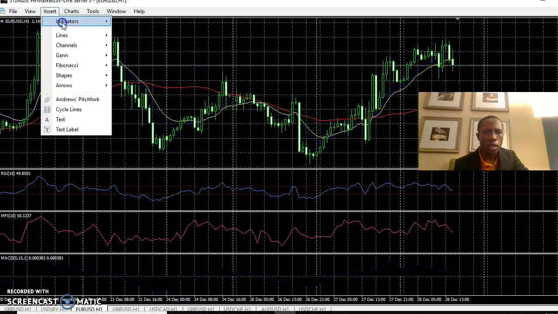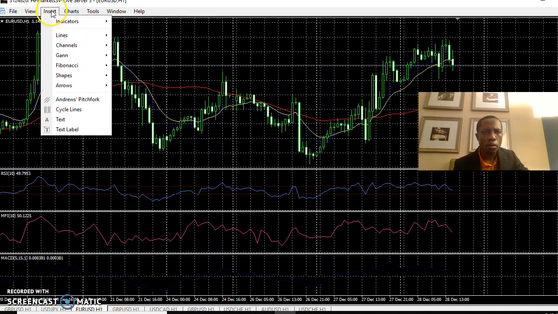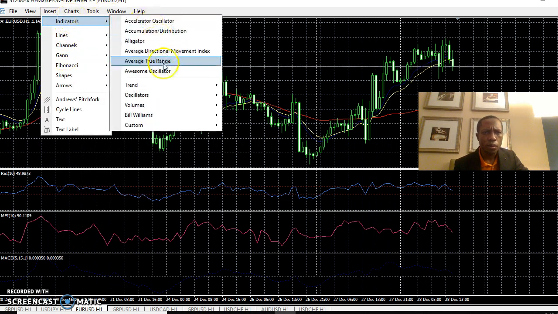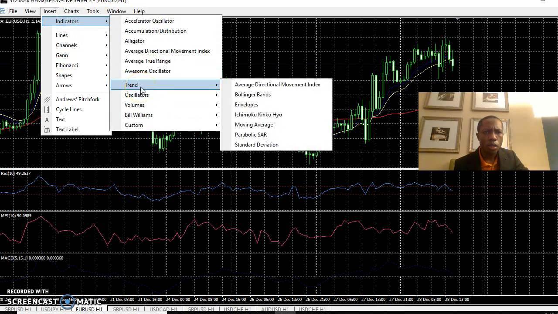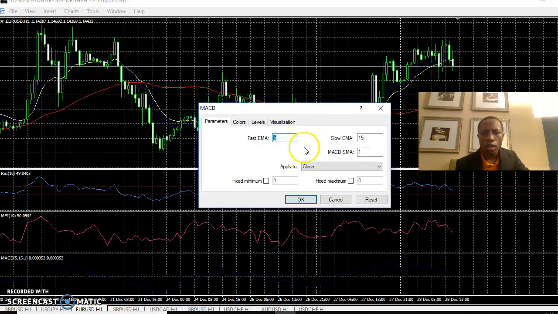I want to do the last one again. Insert indicator. Come to trend oscillator. You come to MACD. Now it's 105. Now you change here. Check it properly to see what I am doing.